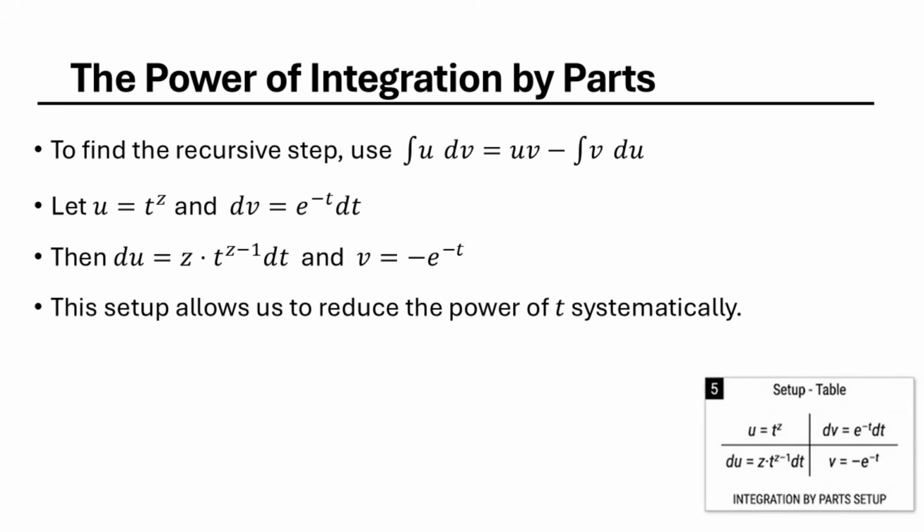We can use the integration by parts formula. The integral of u dv equals u times v minus the integral of v du. Let us set u equal to t to the power of z and dv equal to e to the power of negative t dt. This means du equals z times t to the power of z minus 1 dt, and v equals negative e to the power of negative t.